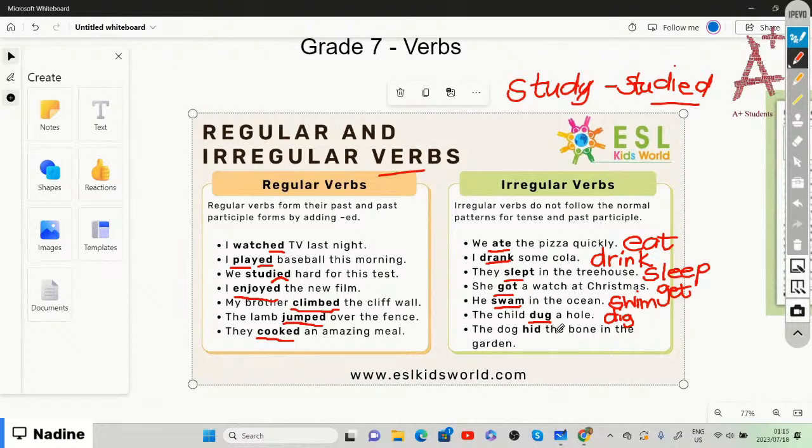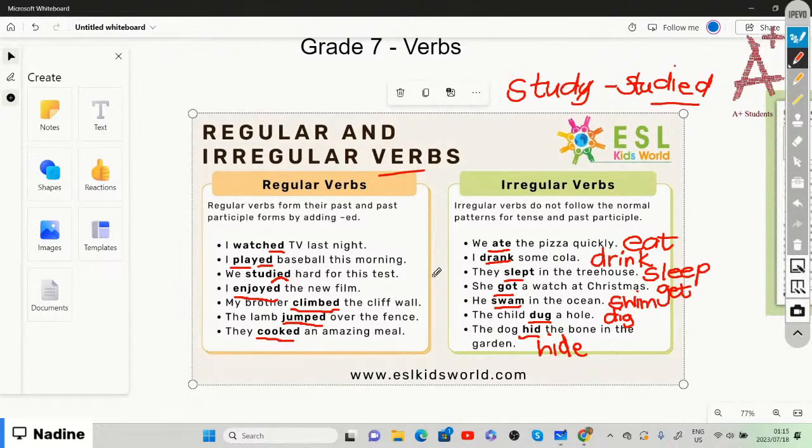The dog hid the bone in the garden. So hid being the past of hide, right? So hide being the present tense, but hid is the past tense, right?